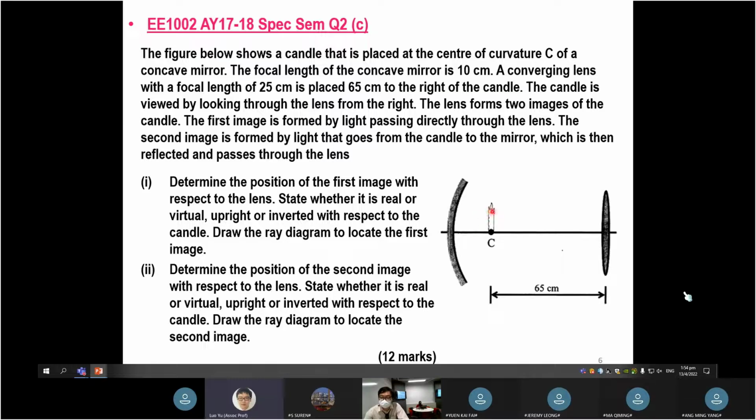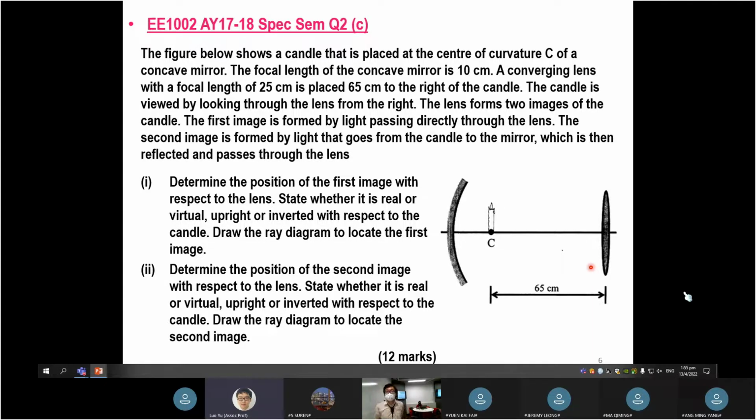It will first be imaged by the mirror and then go through the lens to form a second image. So the first is formed by light emitted to the right, directly imaged by the lens. The other is first imaged by the mirror, then by the lens.